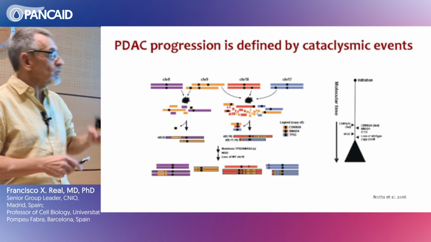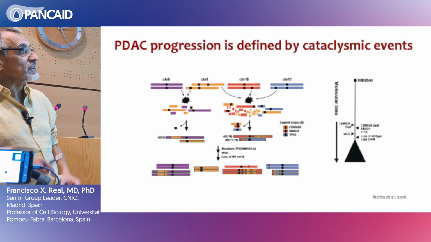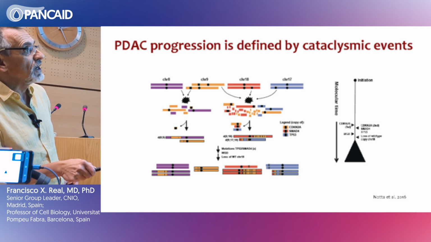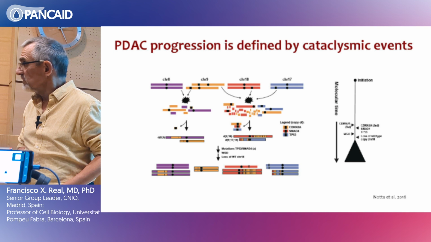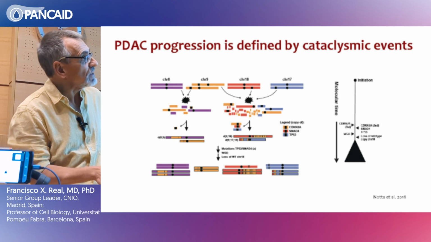And he could show that in at least 20% of the patients, there were multiple chromothriptic events affecting multiple chromosomes, and some of the chromosomes involved are chromosome 9, where there is P16, chromosome 17, where there is P53, and chromosome 18.